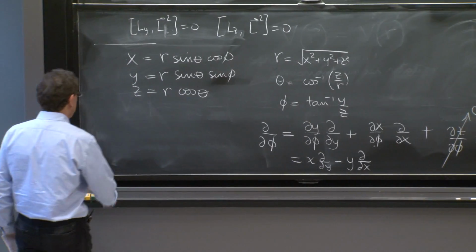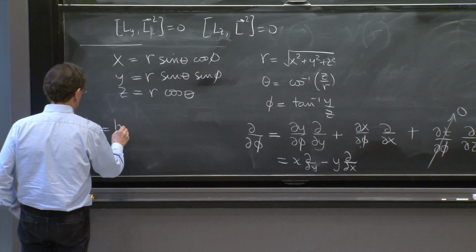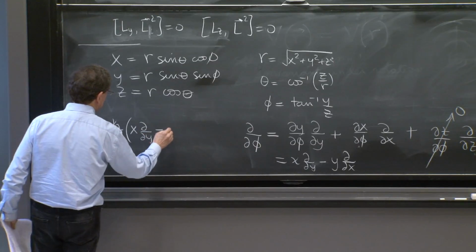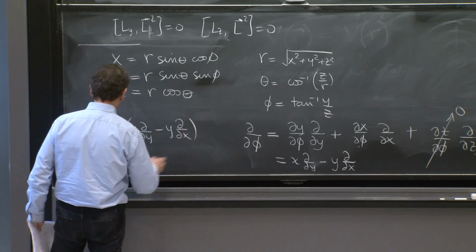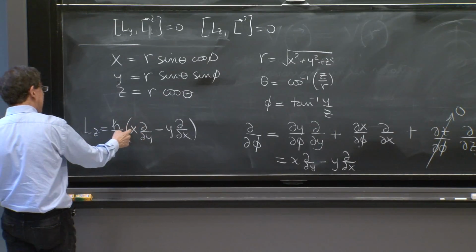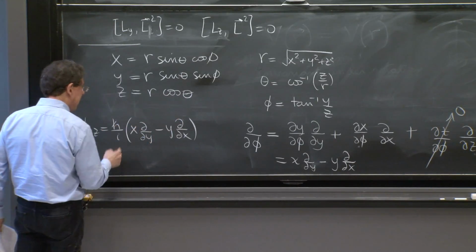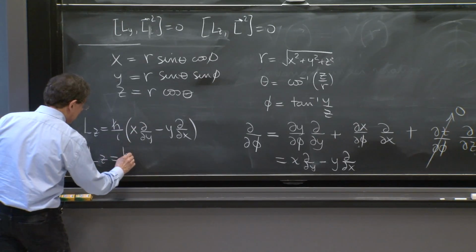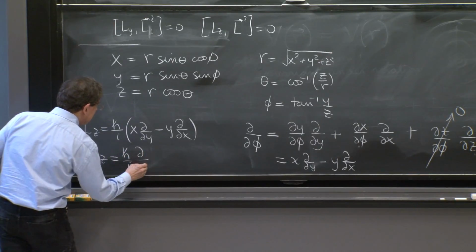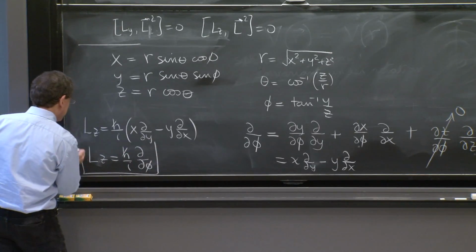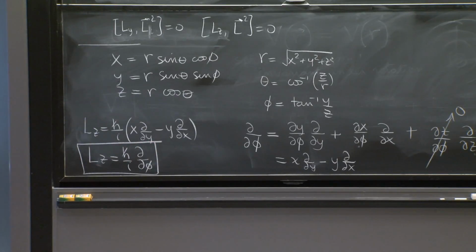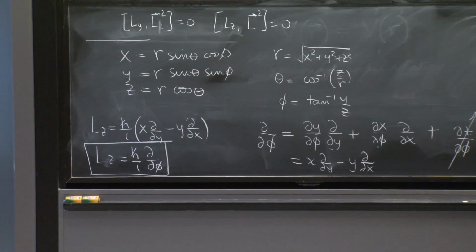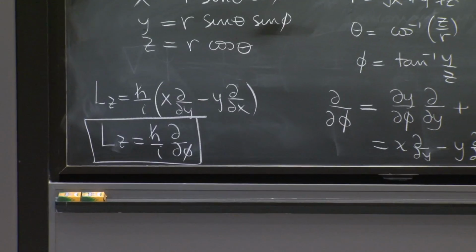So indeed, Lz, which is ħ over i, x d/dy minus y d/dx. ħ over i is because of the p's, x py minus y px. And this thing is d/dphi, so Lz you've discovered is just ħ over i d/dphi. A very nice intuition that tells you that the angular momentum in the z direction is associated with this operator.